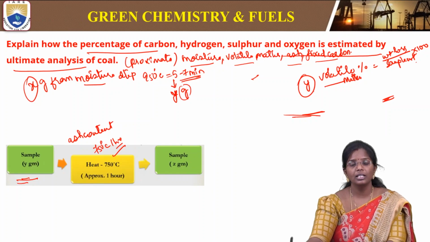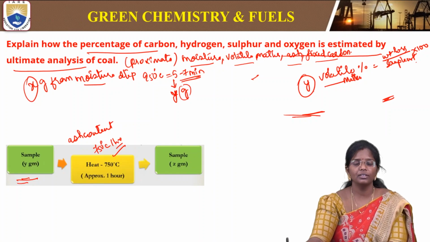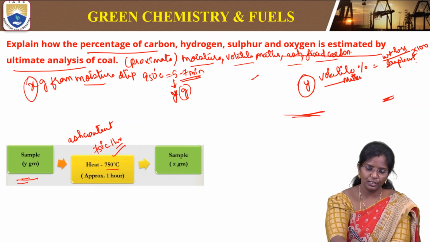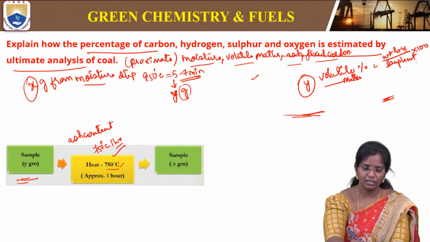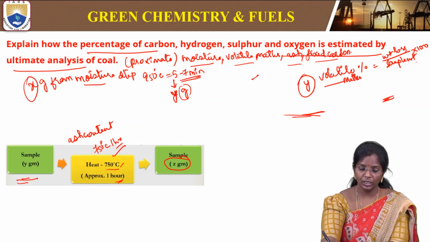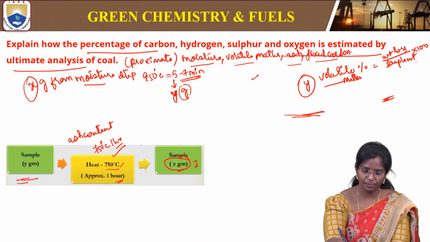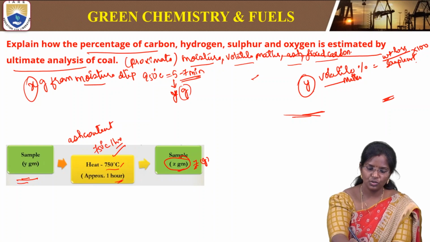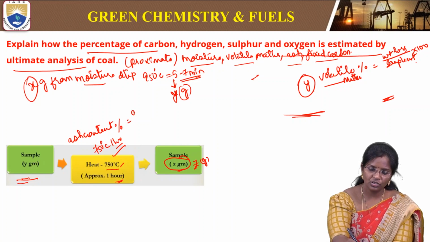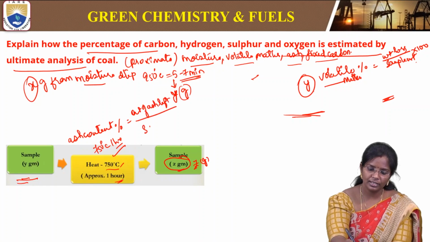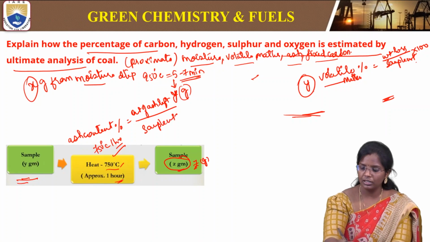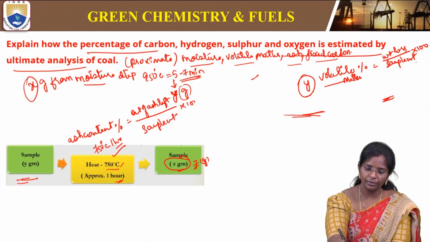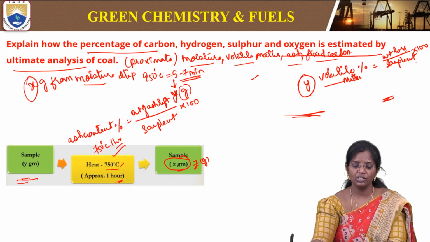At 750 we use a muffle furnace because of the high temperature. We weigh it again for consecutive readings and we get Z grams. This is the content of ash. So how do we get the ash content? It is the weight of ash left over by sample weight, the sample weight being the weight we get here, into 100. That will be the ash content.